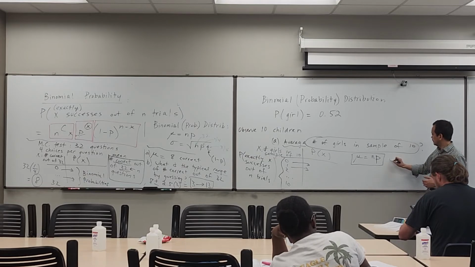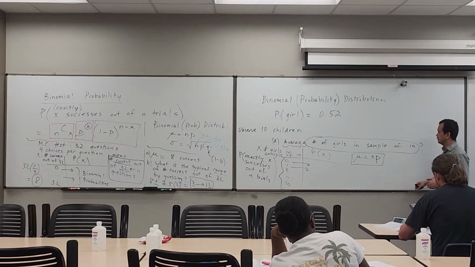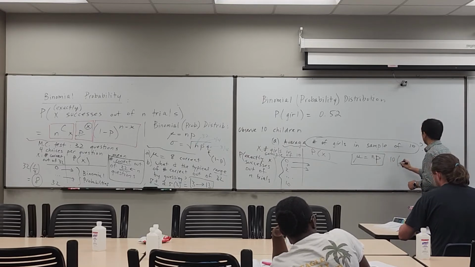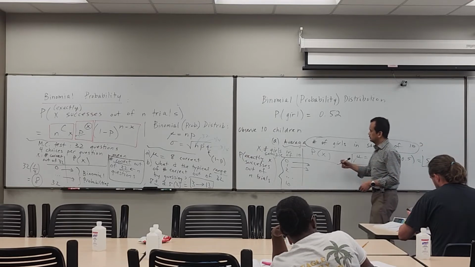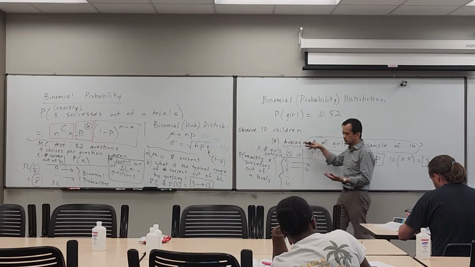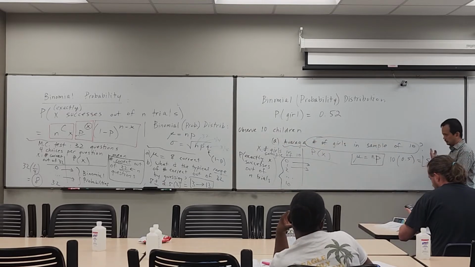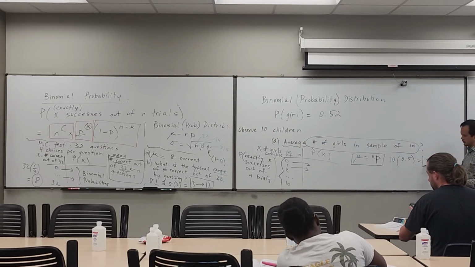So in this case, n times p, what's n and what's p? n is 10 and p is 0.52. So this would end up being 5.2. So if you took the average of all observations of 10 children and observed the number of girls, the average will be 5.2.